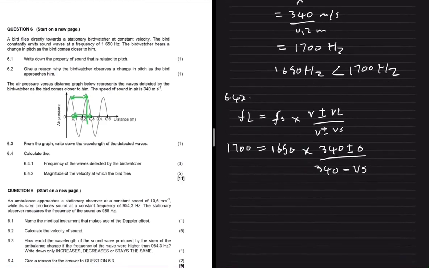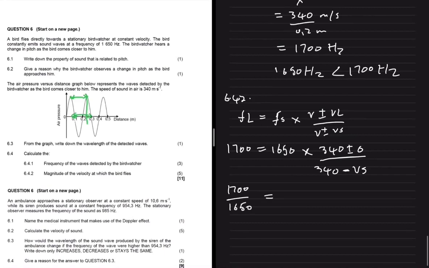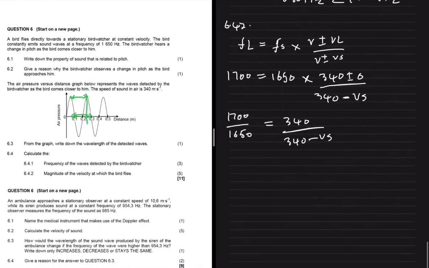So what I'm going to do here, I'm going to divide both sides by 1650. So let me just go ahead and do that. We're going to have 1700 divided by 1650 equals, on the right hand side, they're going to cancel out, so we're just going to be left with 340 plus or minus 0, which will just give us 340 divided by 340 minus VS. Now I'm going to cross multiply.